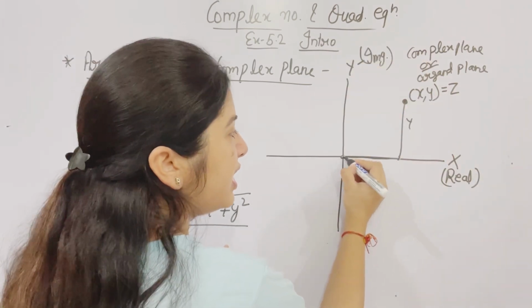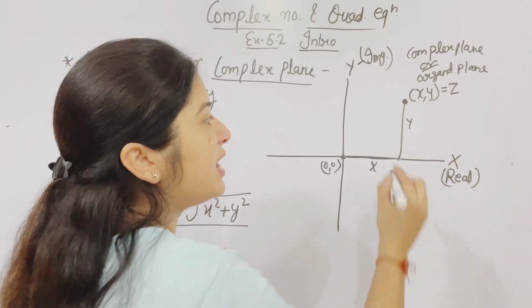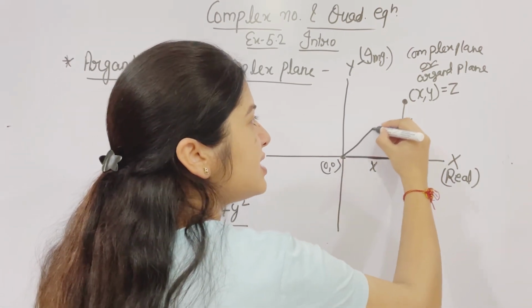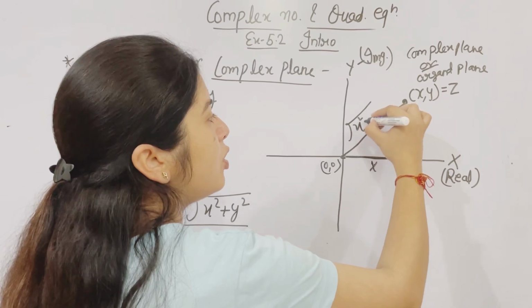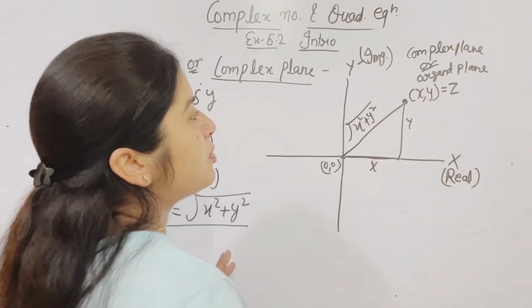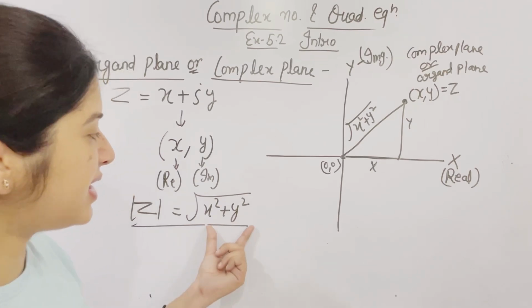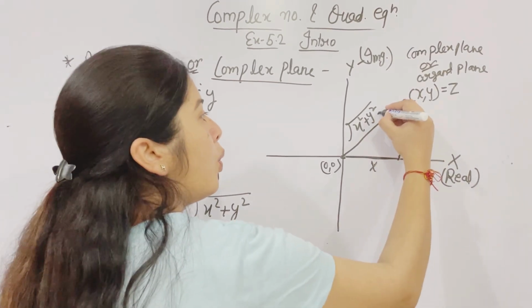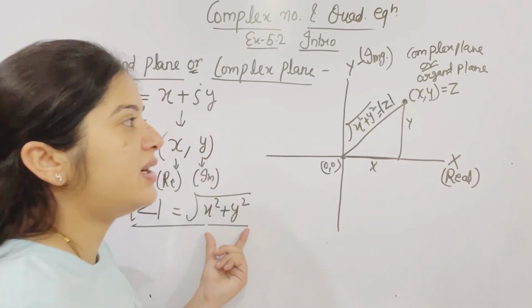If this is the origin and this is the point x comma y, then this distance will be root x square plus y square. We know that. How to find this? By the distance formula. And this will be the distance which will be the modulus of z.